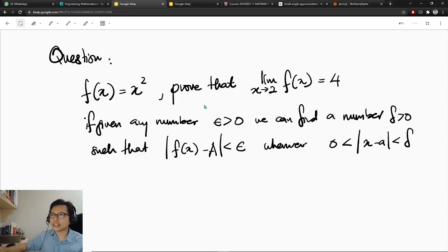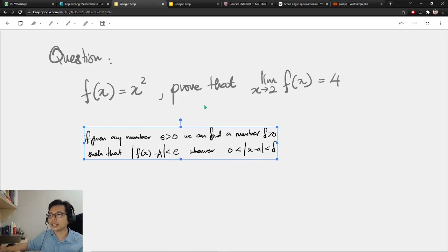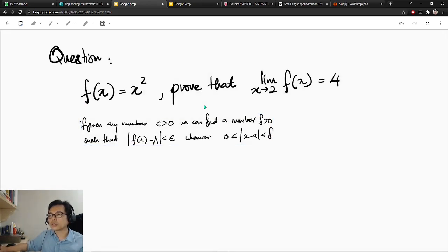So this is the definition that I've given just now. So how to use this? I'm just going to show you an example of how we can use this definition to solve this problem right here. We are solving this problem.